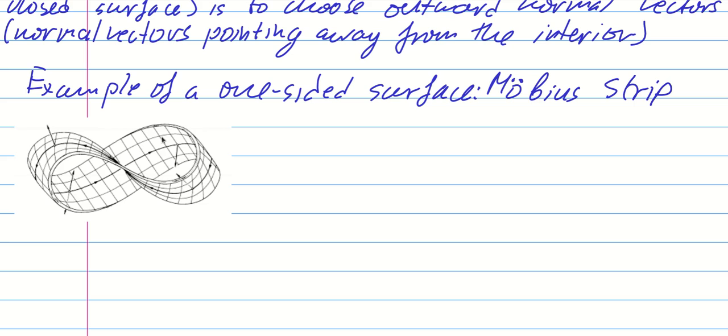If you move around, you come to the other side and then come back to the same point without going over. So this has only one side. We're not going to see them often, but that's the example of the other kind.